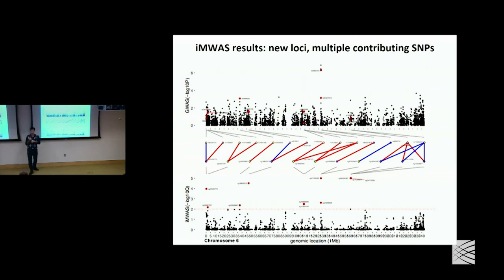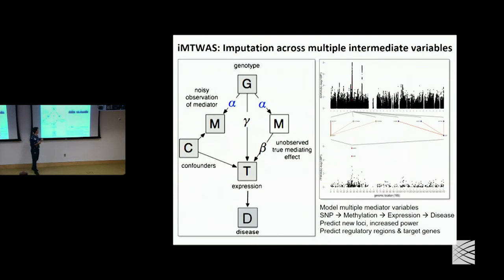So they predict the region, they predict the cell type, they predict something more about the mechanism than simply, oh, there's a genetic correlation. So this is extremely powerful, and it allows us to now start expanding this to look at causal paths from genetics to methylation to transcription to disease, expanding beyond just a single step.